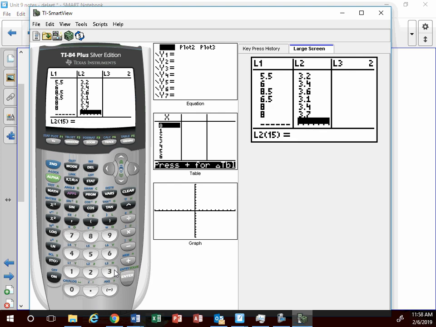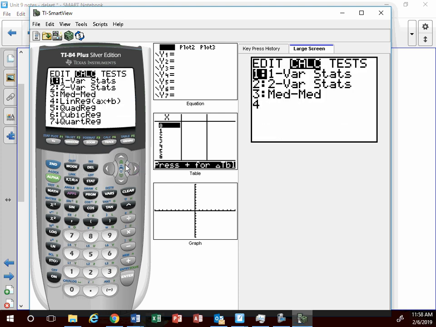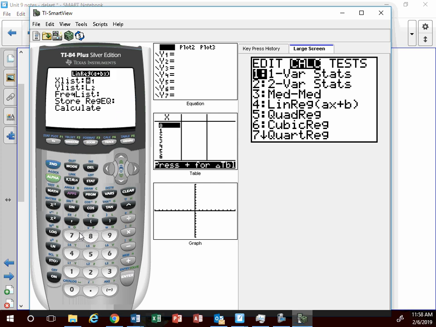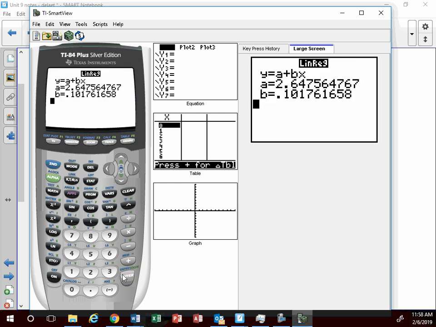Okay, data's entered. Guys, you have to actually do the linear regression before you can find the residuals, okay? So I'm going to calculate my LinReg. Right now I don't even care if I store it. I just need to calculate it so that the residuals actually will exist somewhere.